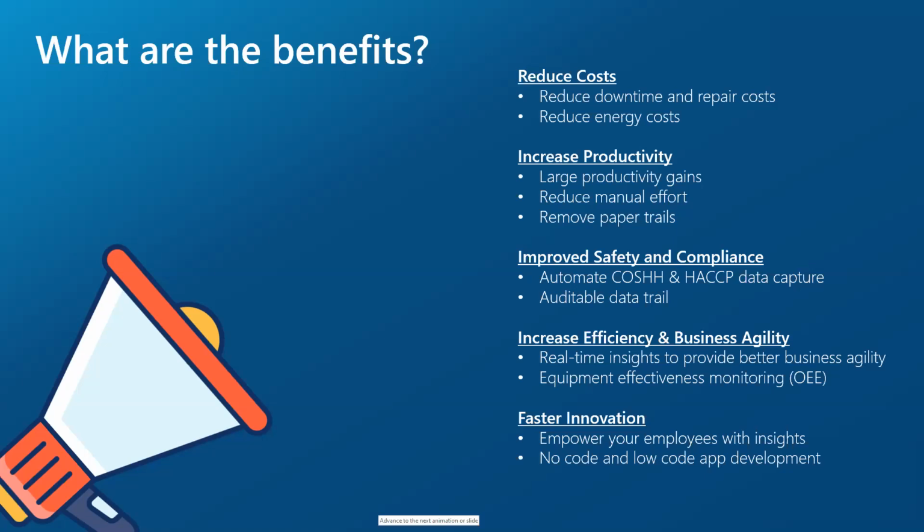With productivity, there's a whole host of productivity gains that can be gained just by capturing the most important data and removing some of those time expensive use cases and processes that you have associated with recording product and process data. You may have paper in your business, you may be transferring data from one system to another, you may be accessing multiple systems to retrieve data.